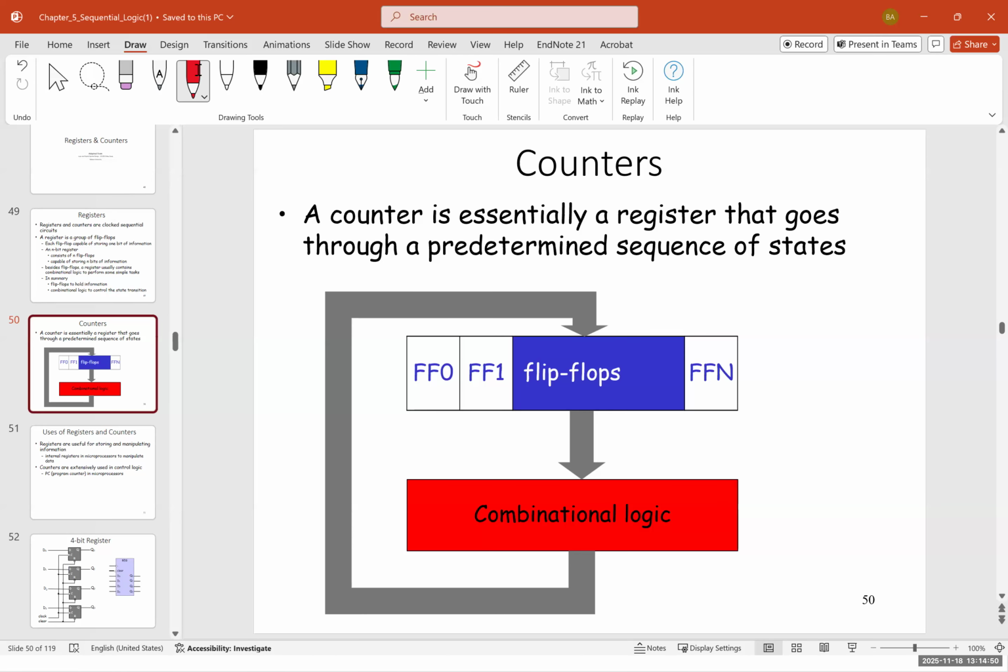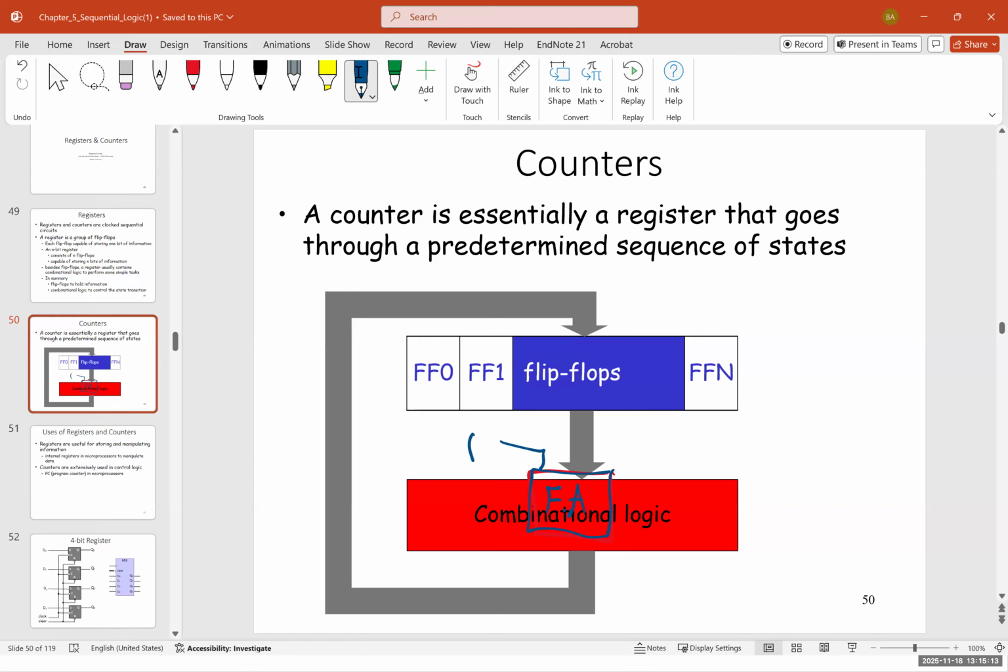So usually it is a flip-flop with a combinational logic circuit, which is usually an adder. You can have a full adder and add 1 to it, and then save it again in the same flip-flop. So imagine you have a full adder or a half adder. I'm just going to put a full adder, which is combinational, and I add 1 to it.